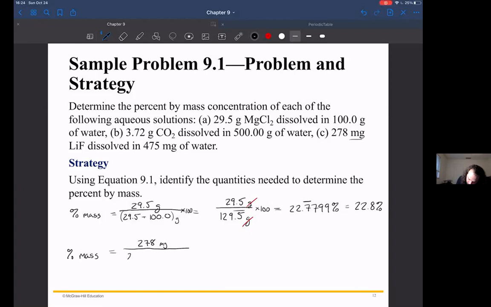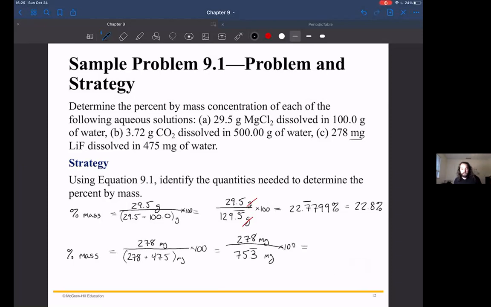Water is the solvent. So to get the solution, I need to take the 278 plus 475. These are milligrams. Again, adding up the bottom, you get 753 milligrams, and that has that last sig fig marked, and 278 milligrams times 100.